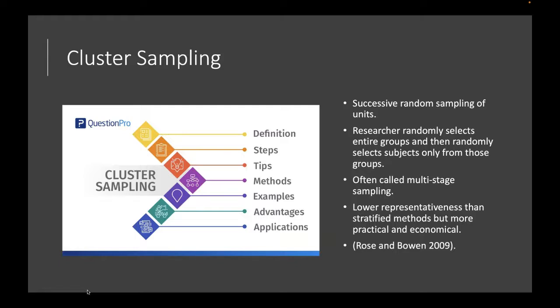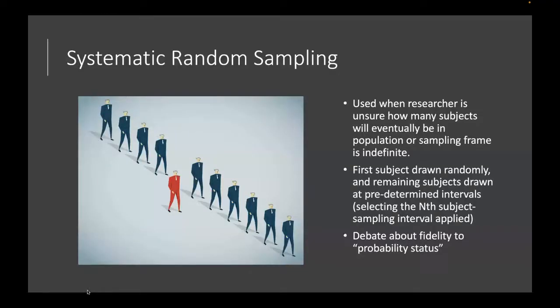So far we've spoken about random sampling, stratified sampling, cluster sampling. Then there's this thing they call systematic random sampling. Now, systematic random sampling is used when you're unsure of the sampling frame or the number of people who will be in the population you're studying.